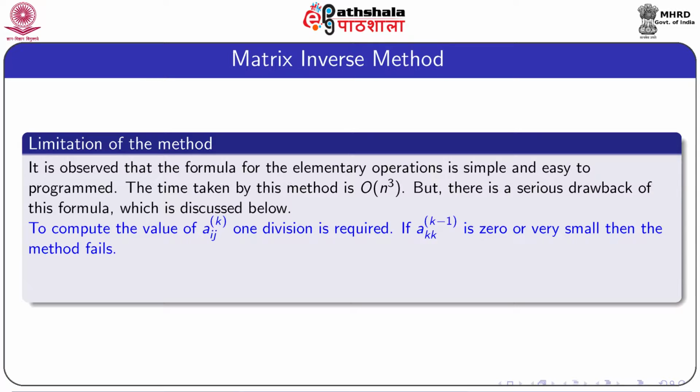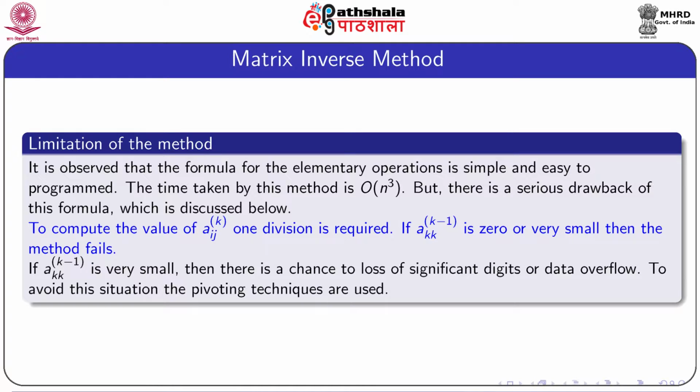That means if the denominator a_kk^(k−1) is 0 or very small, then the method fails. Why does the method fail? Because if the denominator is very small, there is a chance of loss of significant digits or data overflow.